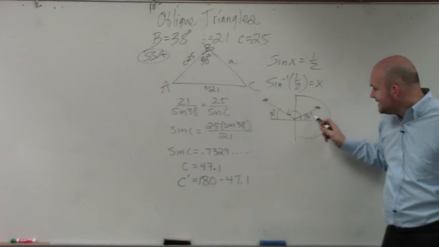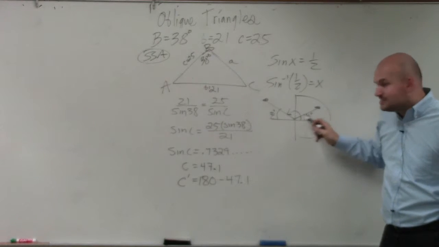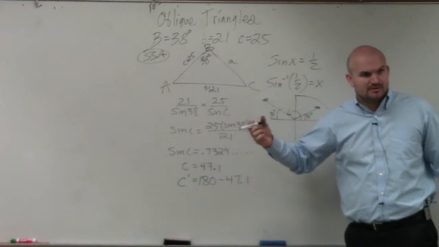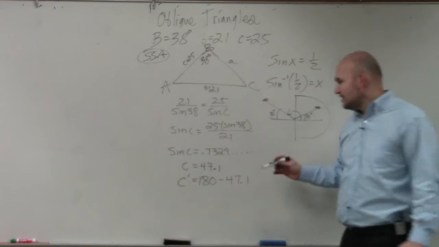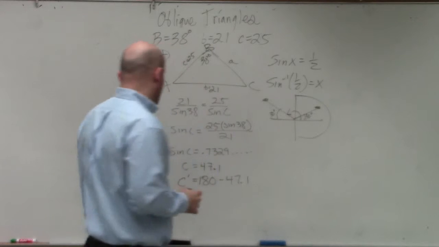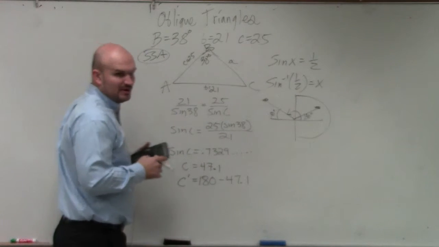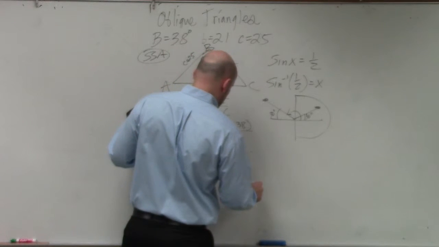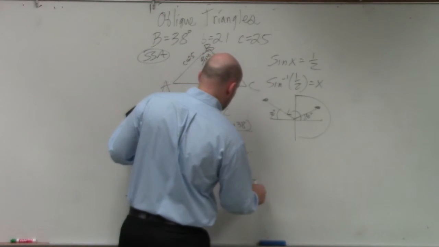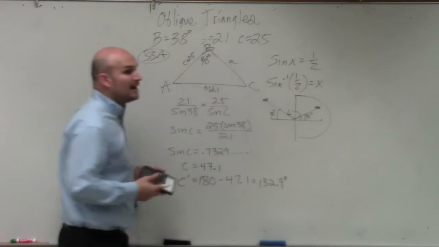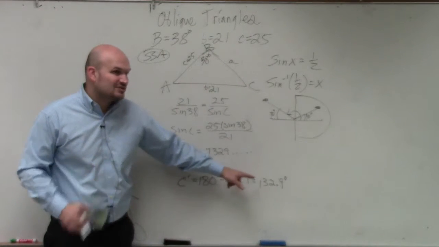So if I'm saying this is 47 degrees, to find the other angle, you just do 180 minus 47.1, right? So therefore, this equals 132.9 degrees.